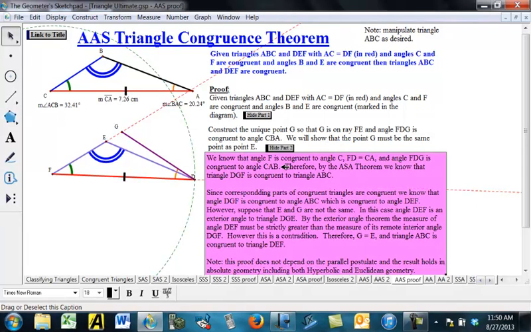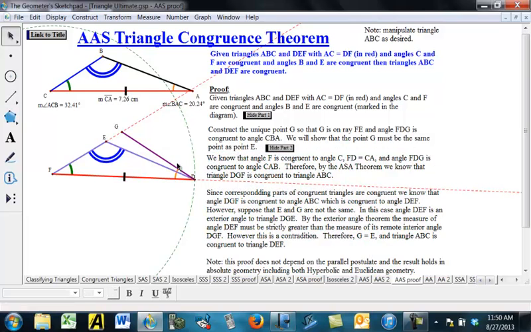So the next thing we're going to do is prove, what do we prove? Well, we know that this angle is congruent to that angle. We know that the red side is congruent to the red side, and the green angle is congruent to the green angle. So we know that triangle GFD is congruent to triangle BCA by the angle side angle theorem that we proved in an earlier part.